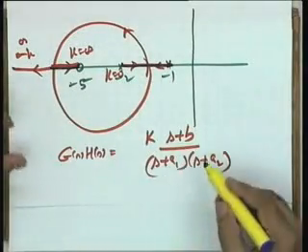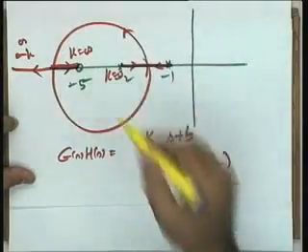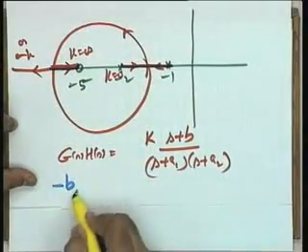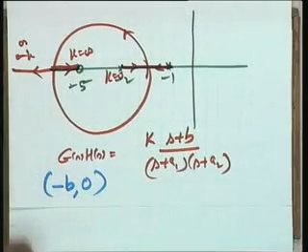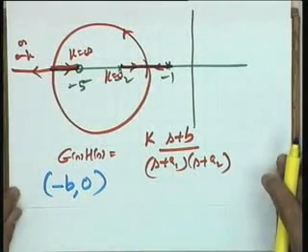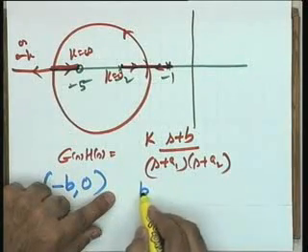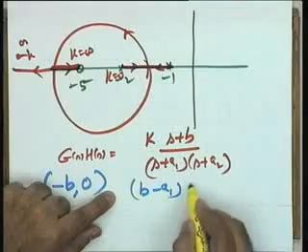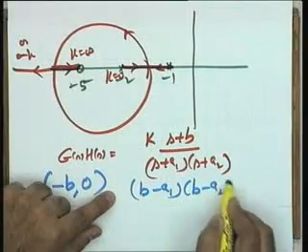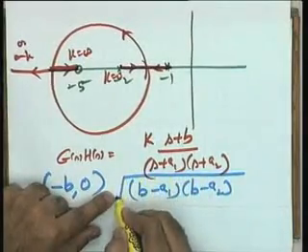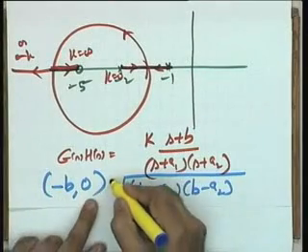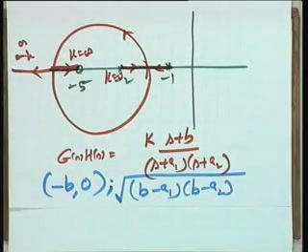The root locus circle has a center at minus B, and the radius is the square root of (B minus A1)(B minus A2). I leave this as an exercise for you to prove.